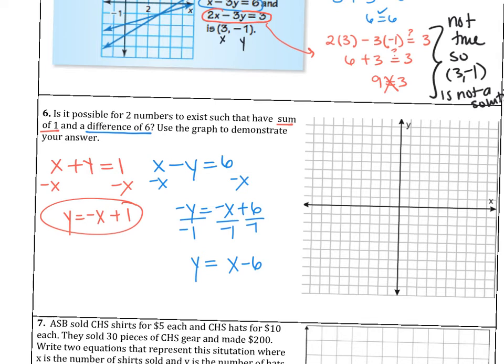First one, I start off at positive 1 with a negative slope. There we go. I didn't like that.